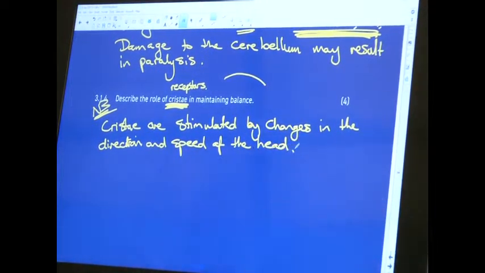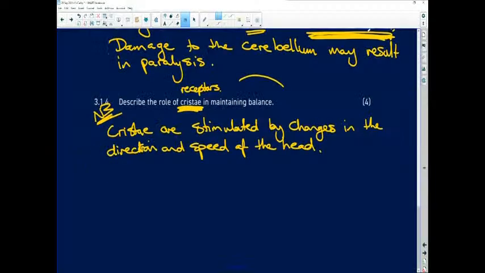Can you imagine a dancer when they're dancing and they're doing a quick turn, their head flips around, and the better their cristae work, the better their balance is going to be. So dancers have the most amazing balance. So when the cristae are stimulated by changes in the direction and the speed of the head.